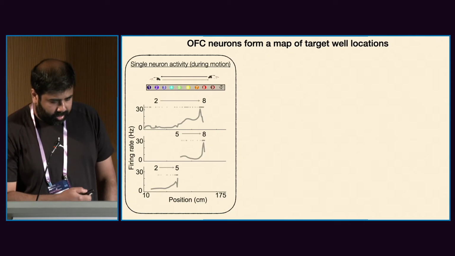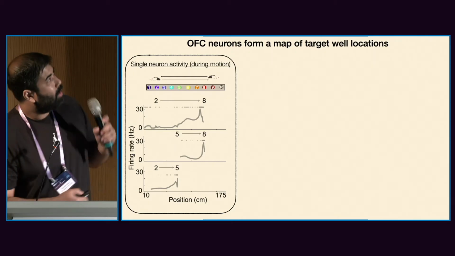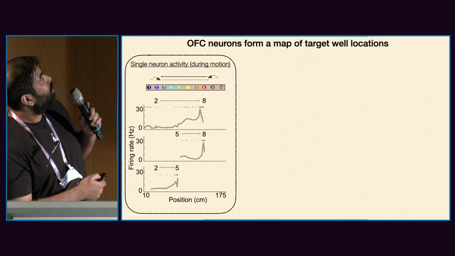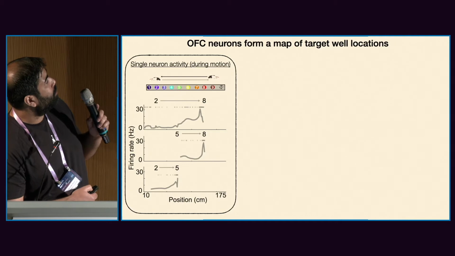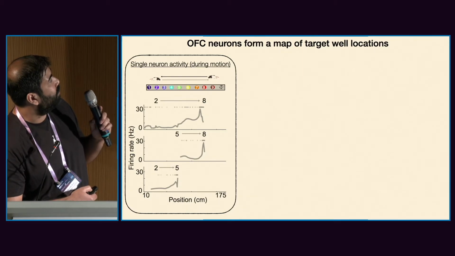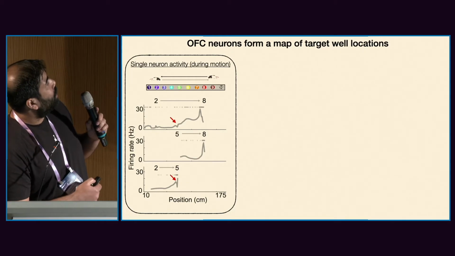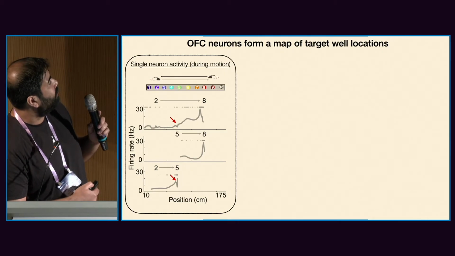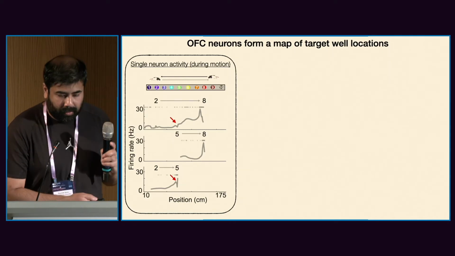So what you can see is that the firing rate of the OFC neuron is high when the animal is at location 8 compared to when he's at location 5, right? But what is interesting is that the firing rate when the animal crosses well 5 in order to go to well 8 is very different compared to when the animal is actually approaching well 5 as the goal, right?